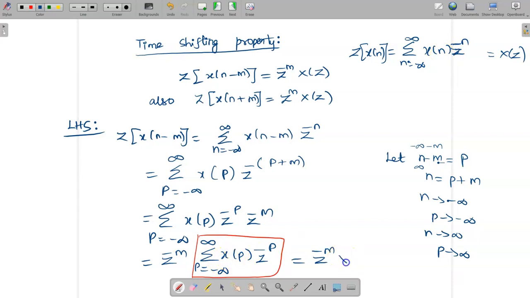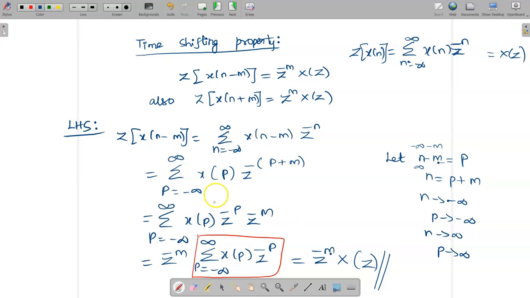So small x will become capital X. Okay, z power minus p instead of z power minus n. So whatever the base available, that we have to write in the functional value of X of z. So small x will become capital X, z power minus p. The base available you write in the functional value. So z power minus m X of z. Okay. So this is the proof. Okay.